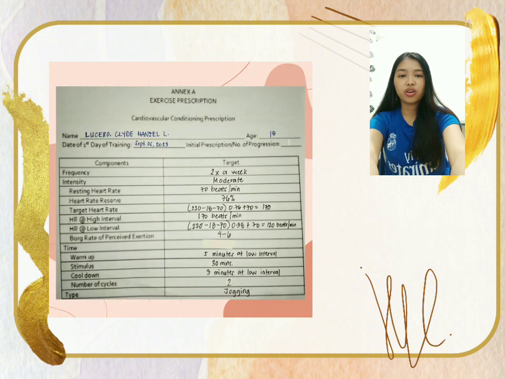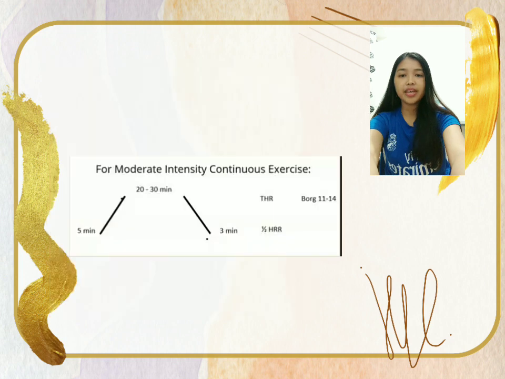Let us now move on to the time. I based it on moderate intensity continuous exercise. As you can see here, we start at 5 minutes, considered as our duration for warm up, then 20 to 30 minutes is for the stimulus, or the duration of the type of activity itself.